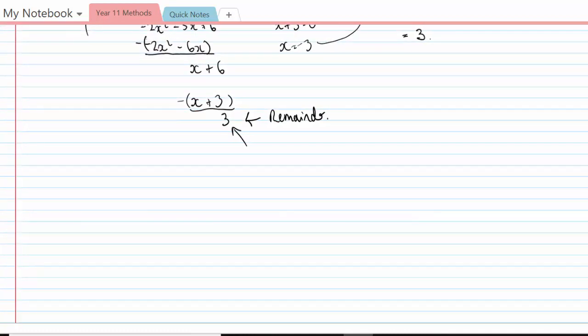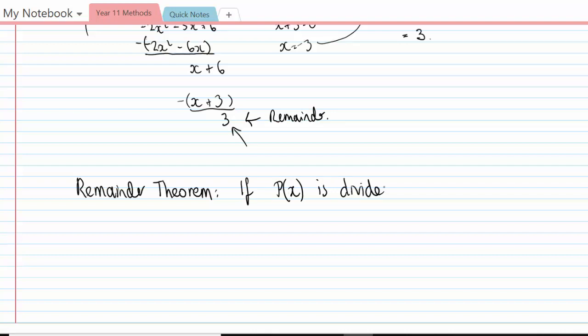So the basic rule then for the remainder theorem is that if p of x is divided by ax plus b, the remainder is p of negative b on a.